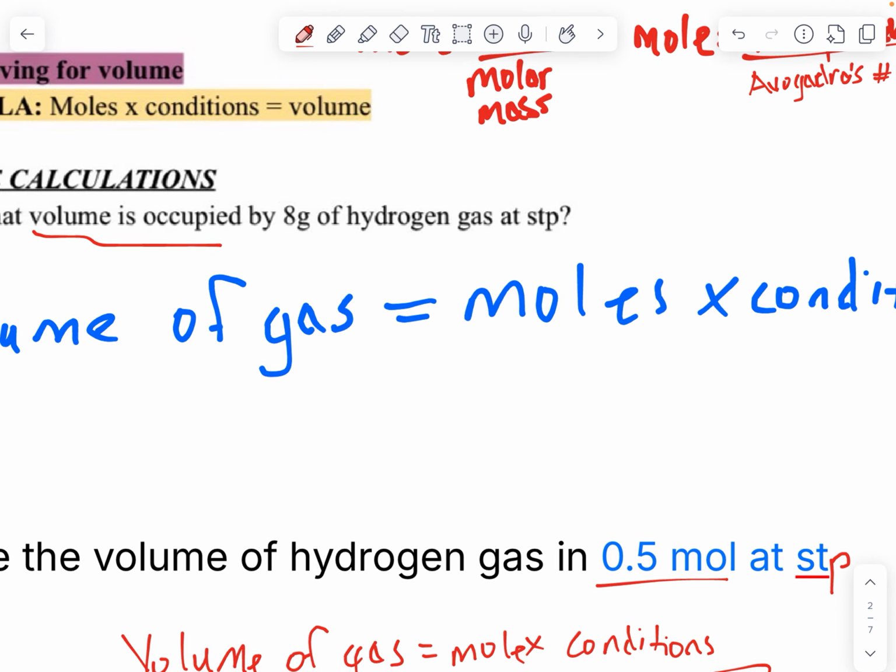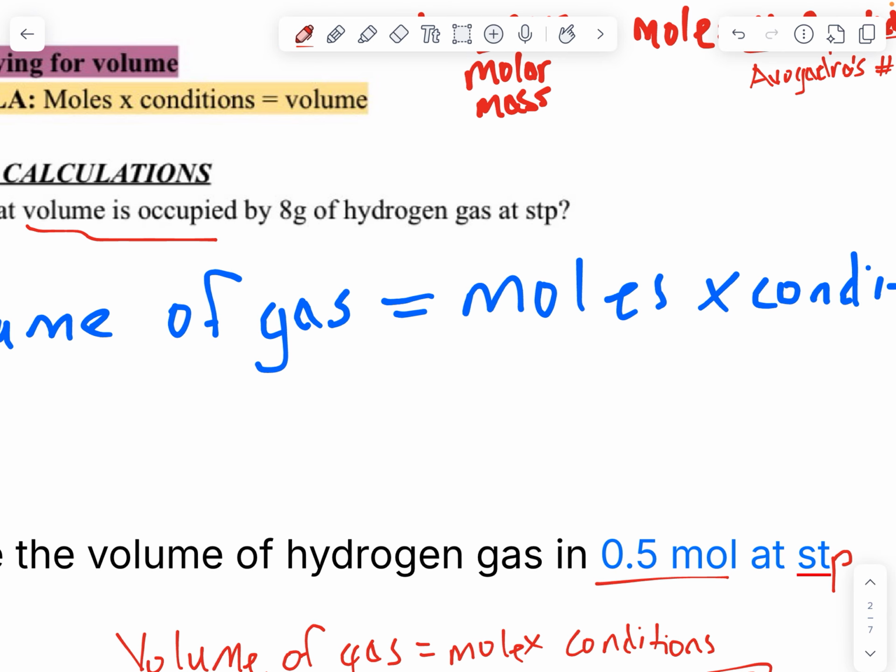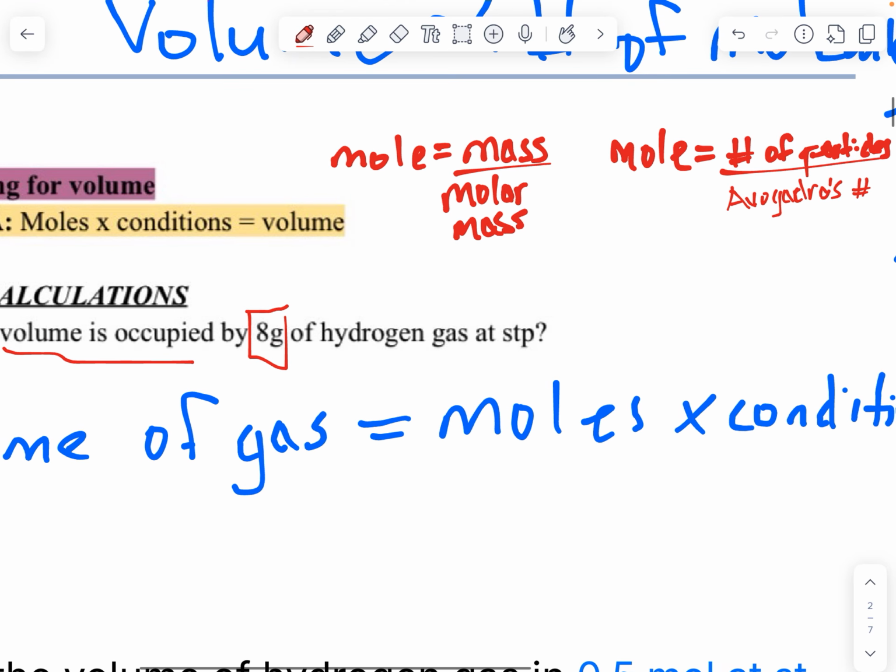However, we were not given the mole in the question. We were given the mass. And the equation for mole that relates to mass is mole is equal to mass divided by molar mass. That's the only equation that we can use with mass to solve for the mole.